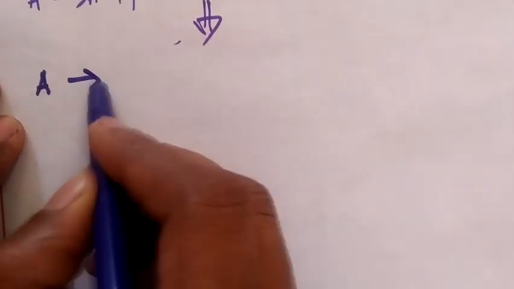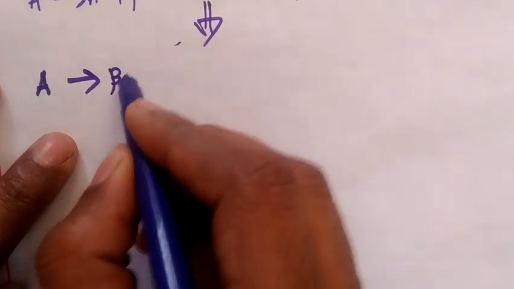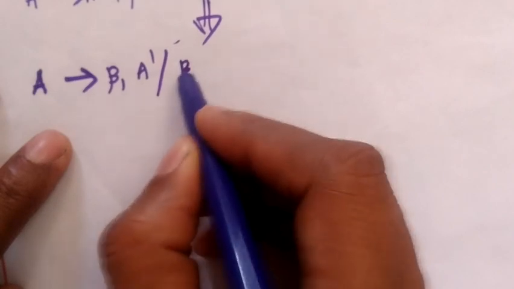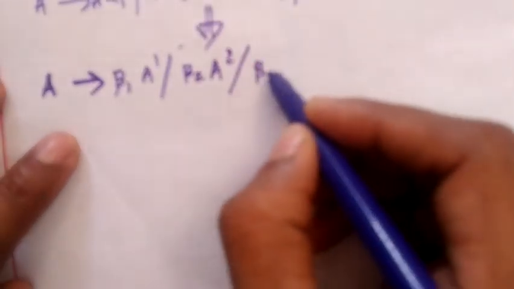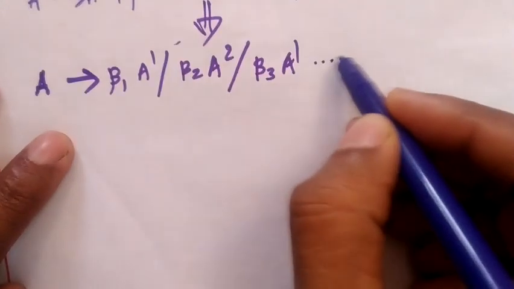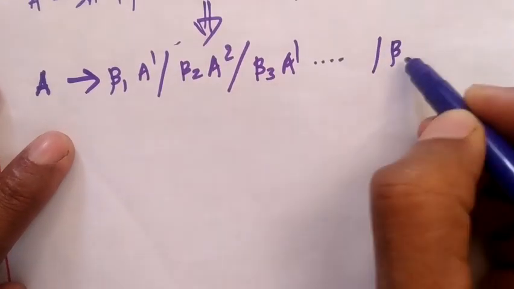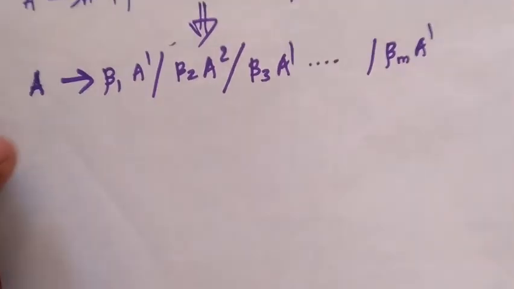A gives beta 1 A dash or beta 2 A dash or beta 3 A dash or etc., beta m A dash.